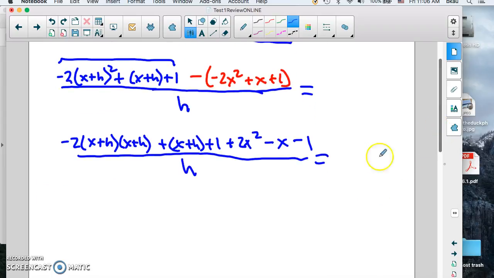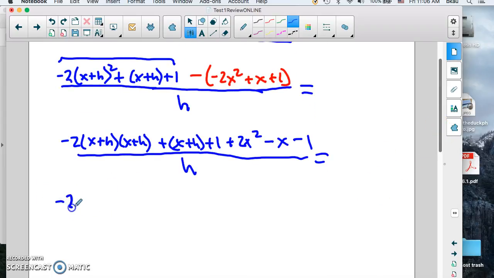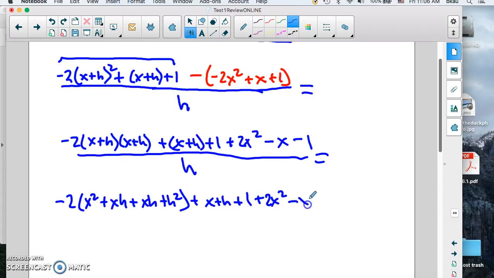So we're going to get x squared plus xh plus another xh plus h squared. And then we have x plus h. I can take the parentheses off that, I don't have to change that sign. Plus 1 plus 2x squared minus x minus 1. Copy down. I have one more step of simplification, and then we can combine like terms.